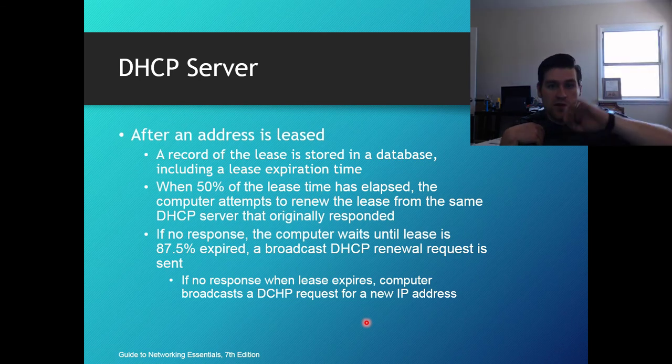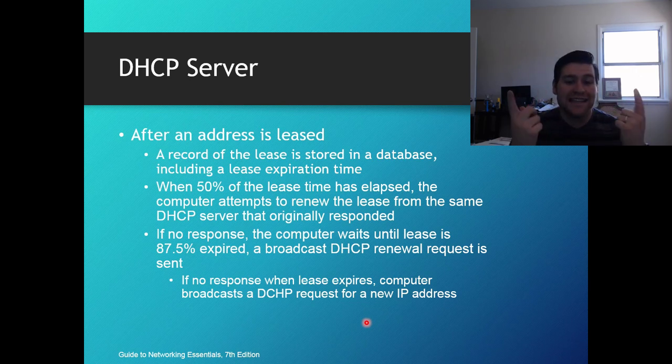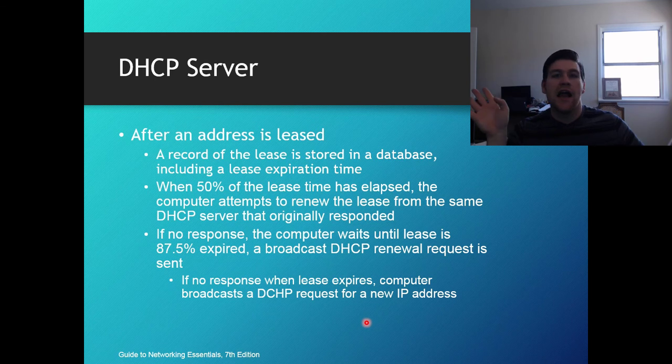If there is no response, the computer waits until 87.5% of the time has expired and then broadcasts a renewal request. So it sends it to the entire LAN and says, is there a DHCP server somewhere out there? Here's a broadcast frame for everybody. Everybody's going to receive it, and everybody's going to look at it and say, not me, not me, not me, so on and so forth.